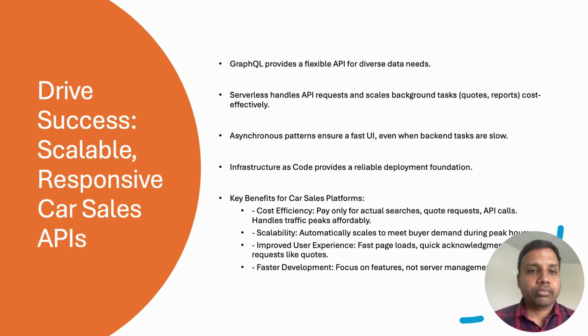Overall, we looked at how to build an asynchronous event-driven architecture, which helps to avoid high cost and also improve the performance. So this really helped us to reduce the cost by almost 70%.